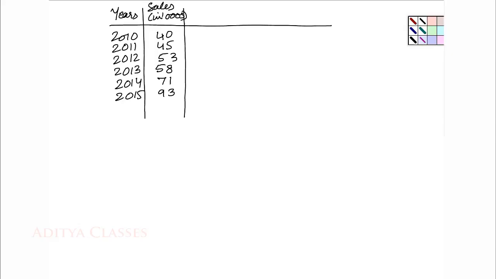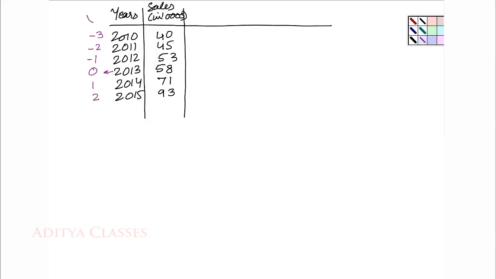Suppose we take this as our reference point, then what happens? 2014 becomes +1, 2015 becomes +2, and on the downward side we have -1, -2 and -3.